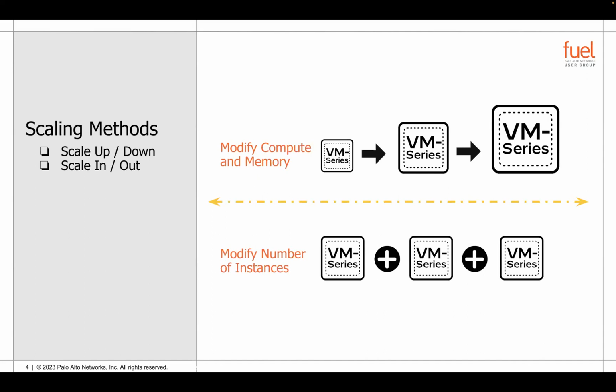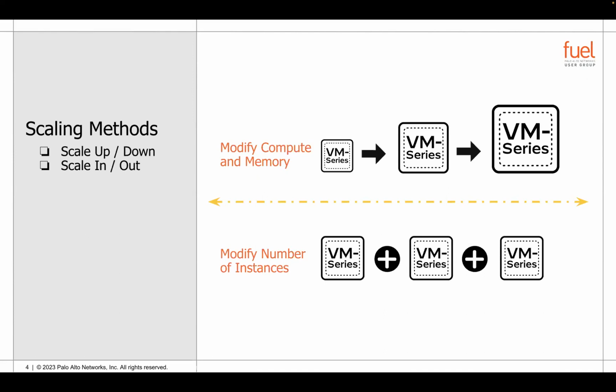That can provide performance gains with throughput, support for more objects, more rules, support for more concurrent sessions, etc. And scaling out is essentially modifying the number of instances that we have available to handle sessions and throughput.